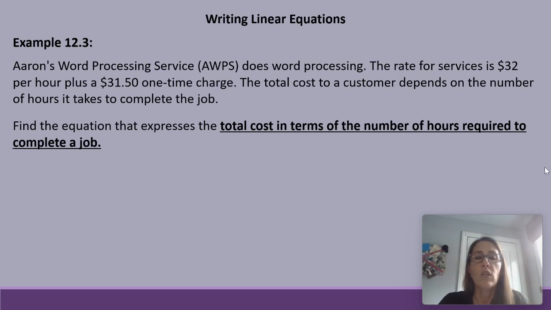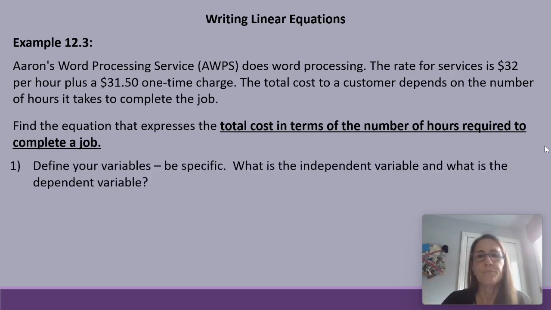We're going to find the equation that expresses the total cost in terms of the number of hours required to complete a job. Make sure when you're reading these problems, you read them carefully, because sometimes they give you clues to how you're going to write your equation. So total cost will be on one side, and that'll be our y value. And in terms of the number of hours means that's going to be our x variable.